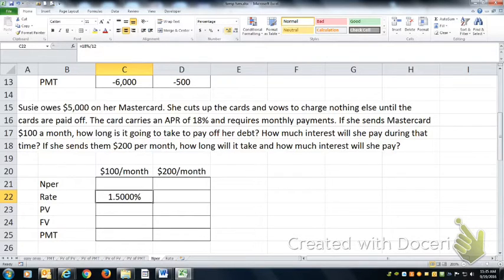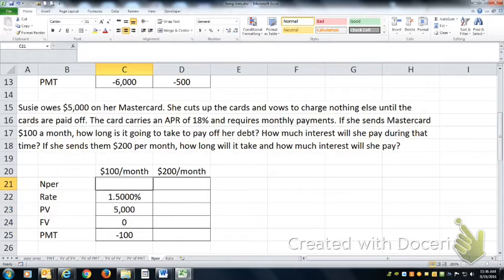She's going to send MasterCard $100 a month, and she wants to pay off her debt completely, and her debt is currently $5,000. Okay, so the payment is going to be a different sign than the present value because she has $5,000 of their money. She's going to take $100 out of her pocket to pay that off.